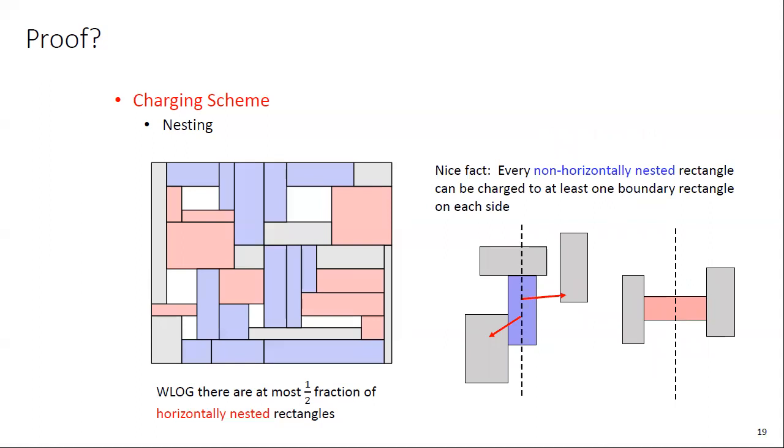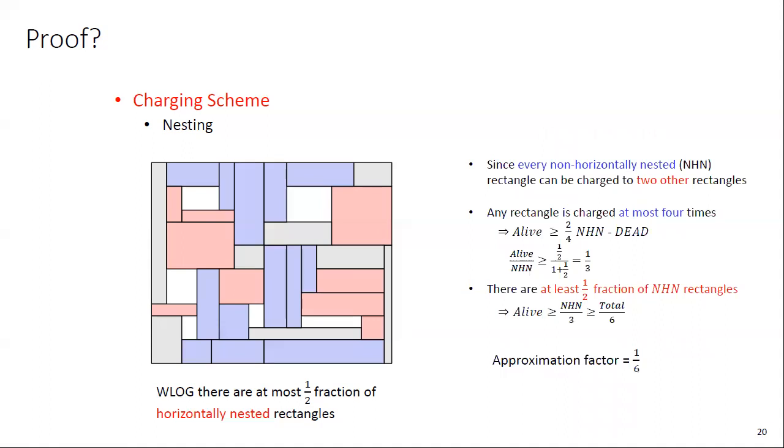That's what we are doing: we are only charging the ones that are not horizontally nested. And for this, we can claim that we can find some corner to charge, and this corner will not be charged by anyone else. Then we can make an analysis, and that gives some constant factor, but it doesn't matter so much.